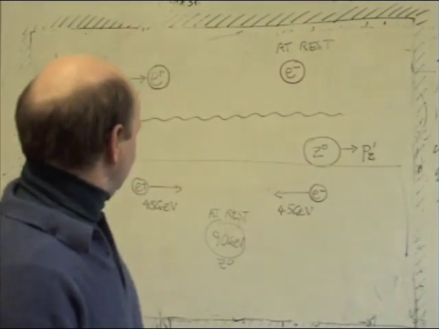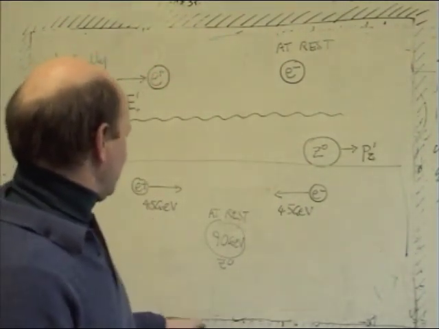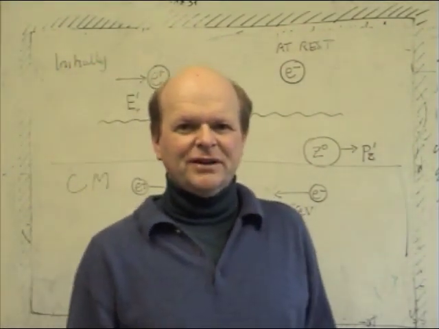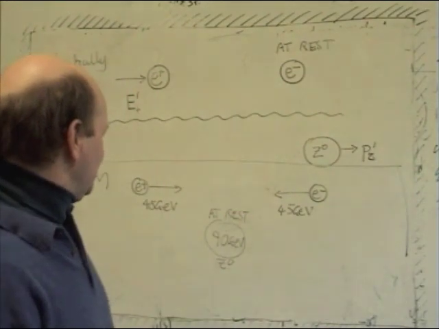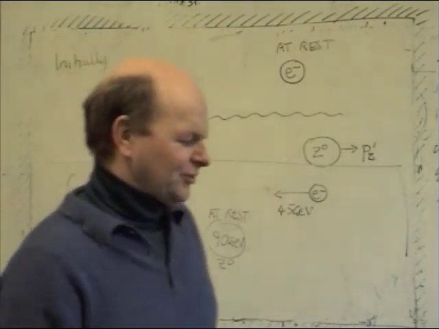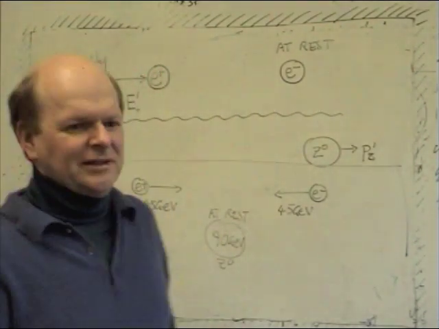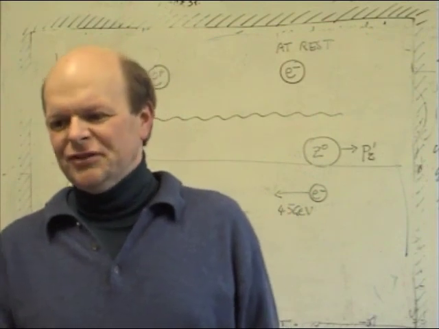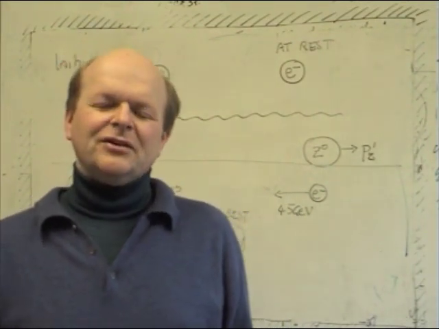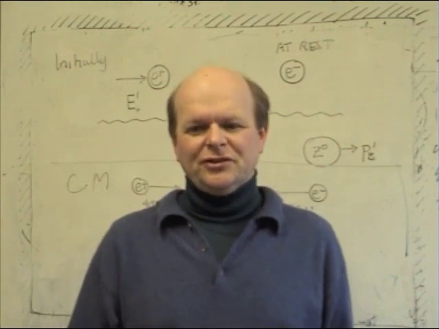So if we can figure out the minimum energy that the electron and positron need to have to make the Z0 in the centre of mass frame, then by Lorentz transforming that quantity, we can discover the energy that the positron has to have in the lab frame to make the Z0. And okay, the Z0 won't be at rest, but it's the same physical production of the Z0. It doesn't matter what frame you're in, it's still the threshold for the production of the Z0.